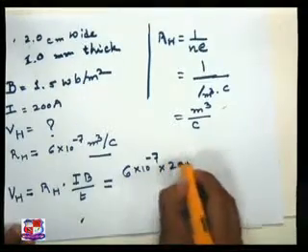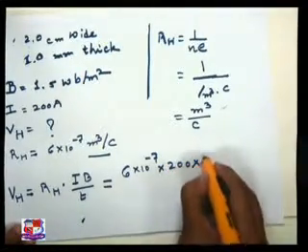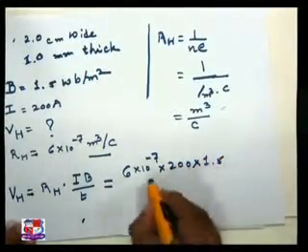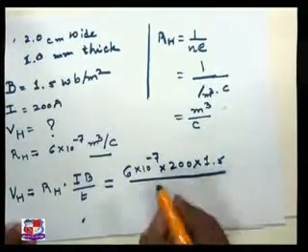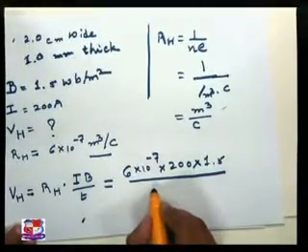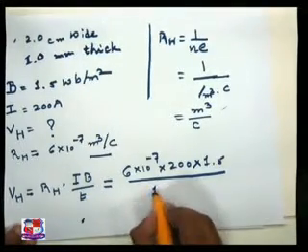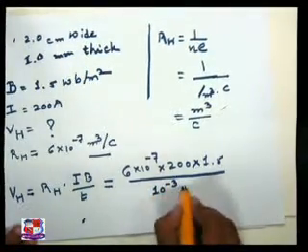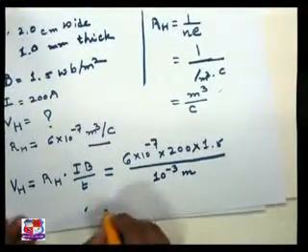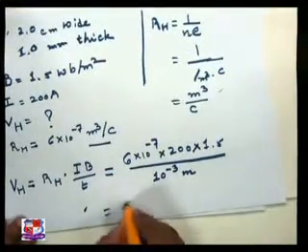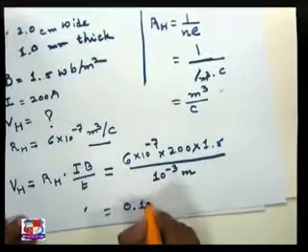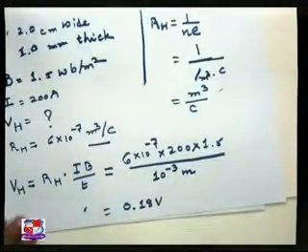I is 200. B is what? 1.5 Weber per meter square, divided by t. It is the thickness, 1.0 millimeter, that is 10 raised to minus 3 meter. What is the answer? That is 0.18 volt.